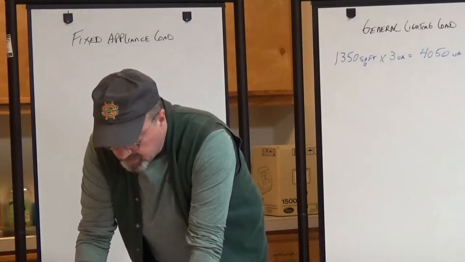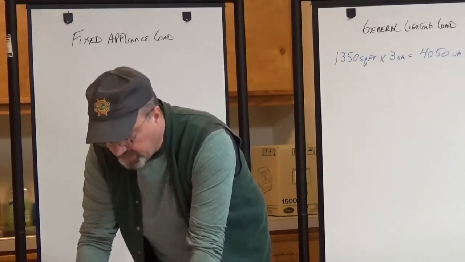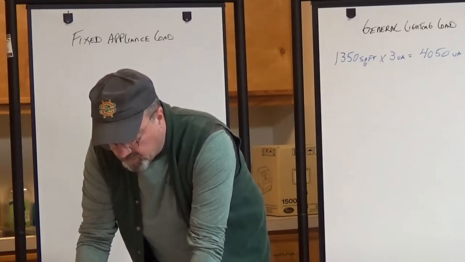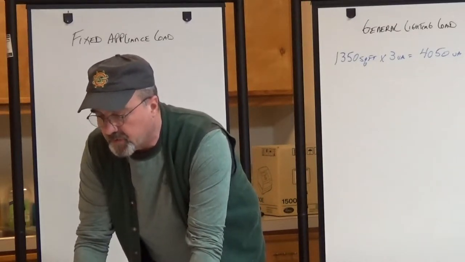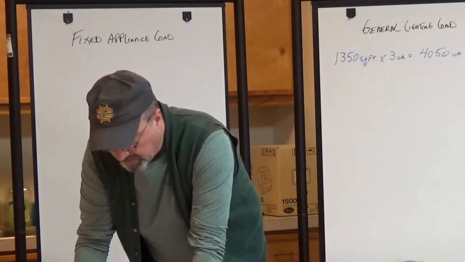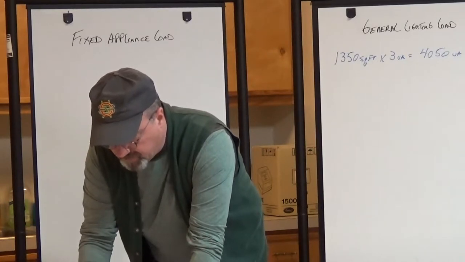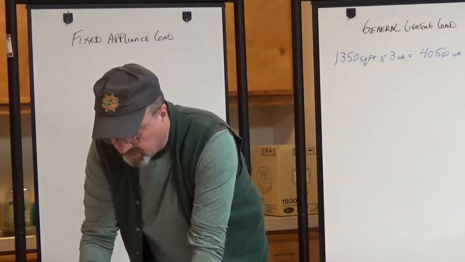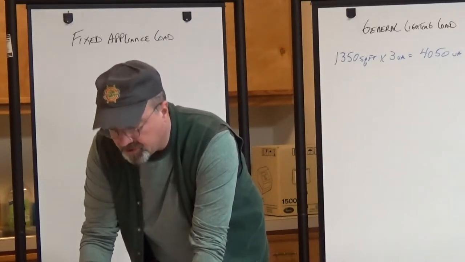Small appliance circuit load. For each dwelling unit, the load shall be calculated at 1500 VA for each 2-wire small appliance branch circuit as covered by 210.11(C)(1). Again, that's what Robert read, telling us that the code requires 2 small appliance branch circuits in the dwelling. Towards the end of that paragraph, it says these loads shall be permitted to be included with the general lighting load.